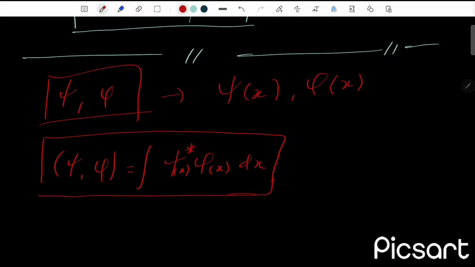This is the inner product between these functions.